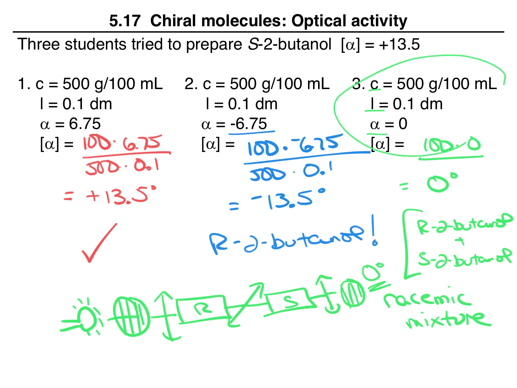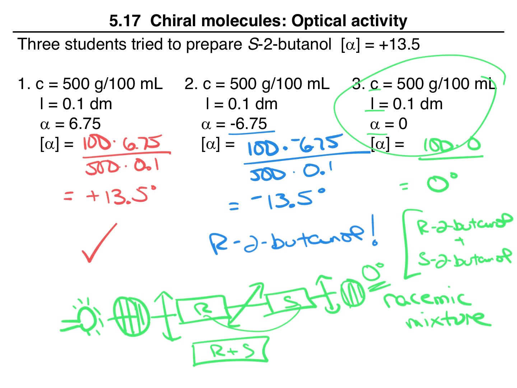So in this case, we're not talking about having separate samples. We have an equal mixture of R and S. If the plane polarized light bumps into a certain number of molecules of R, which would rotate it to the left, and then it also bumps into the same number of molecules of S, it's going to rotate it to the right, and the net result is no rotation.